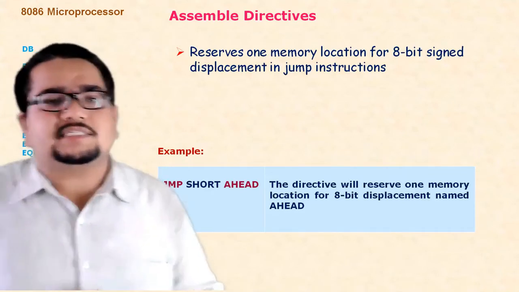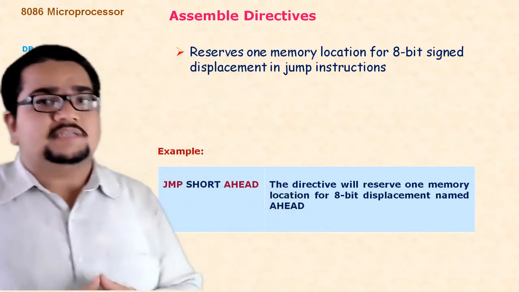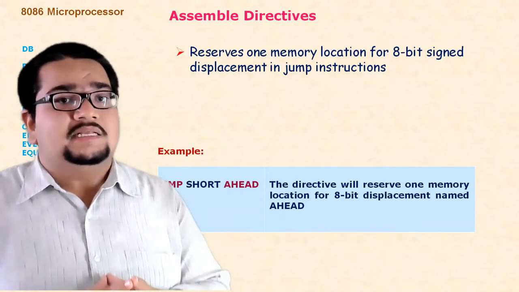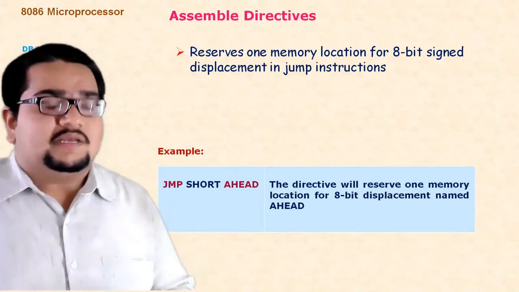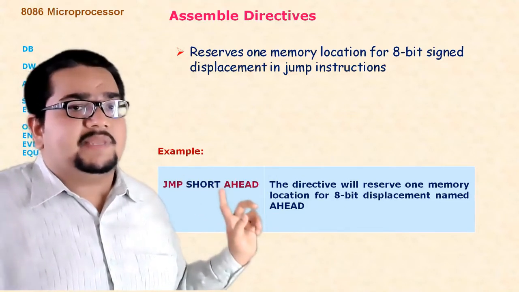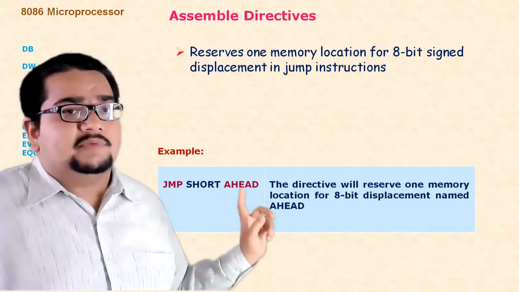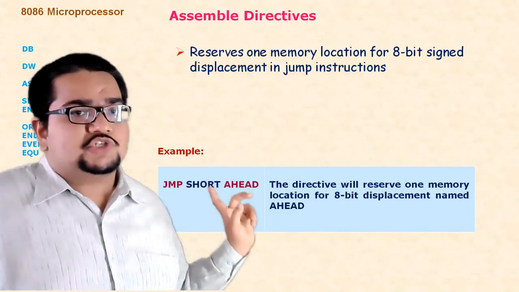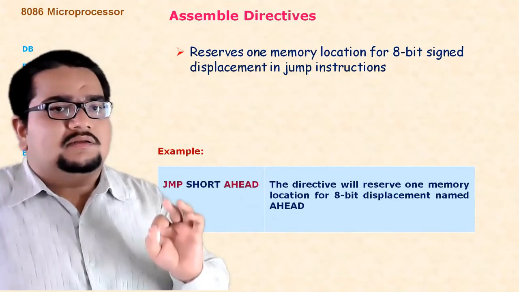The next assembler directive here is SHORT. This particular assembler directive reserves one memory location of 8-bit signed displacement such that a jump instruction can be used with it. In a previous class, we talked about the jump instruction JMP. So when I write JMP SHORT and a label name, that means whatever displacement I will be writing will be an 8-bit displacement number, because using SHORT I am indicating that my displacement will be of only 8 bits.